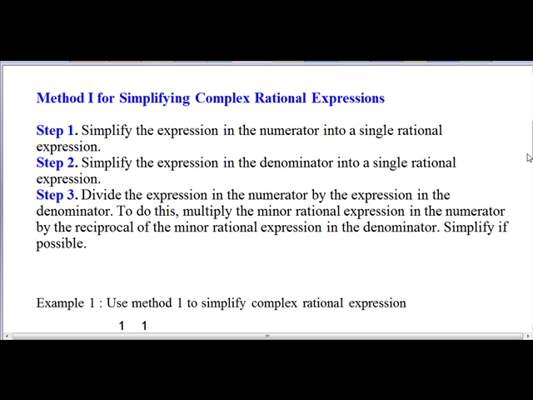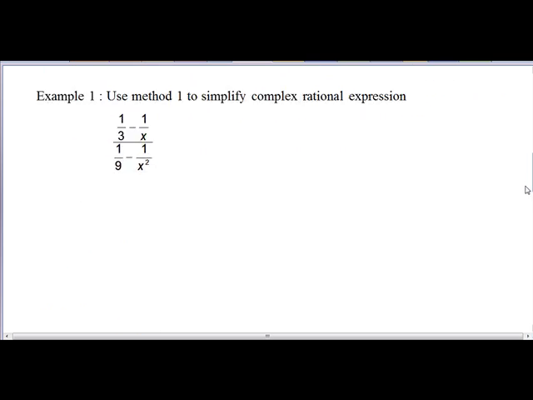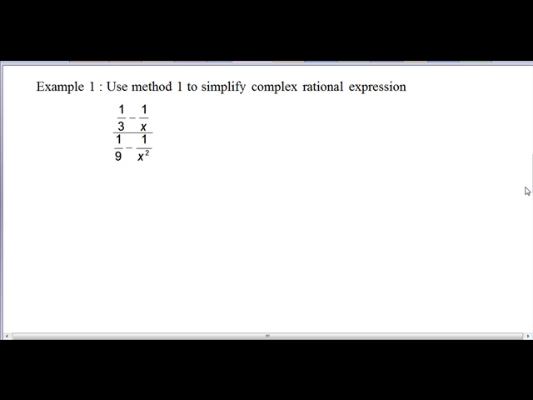So let's look at example number 1. I'm going to show you how to simplify this step by step. Step 1 says that we need to simplify the numerator. We want to combine these two fractions, and to do that, we look for the LCD. The LCD for the minor fractions in the numerator is 3x.